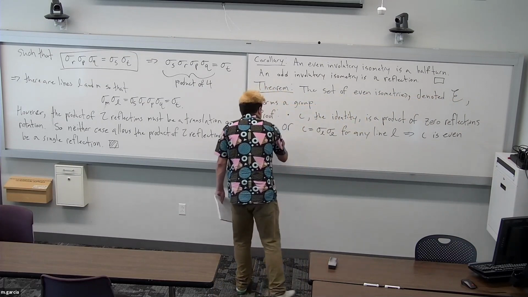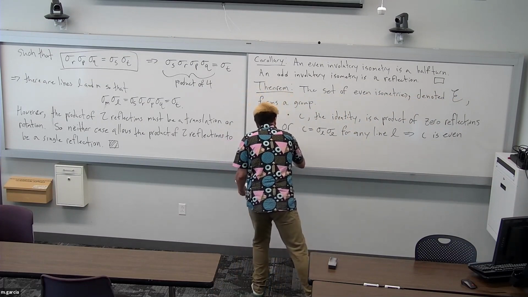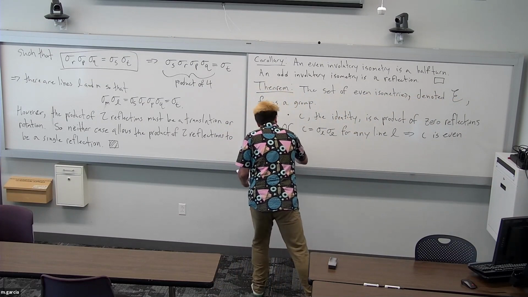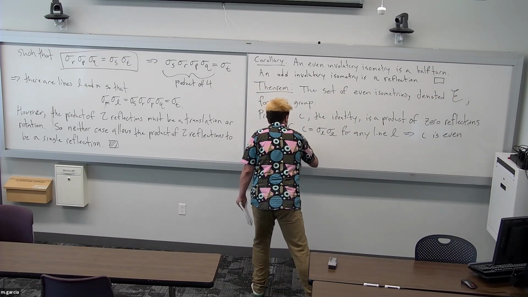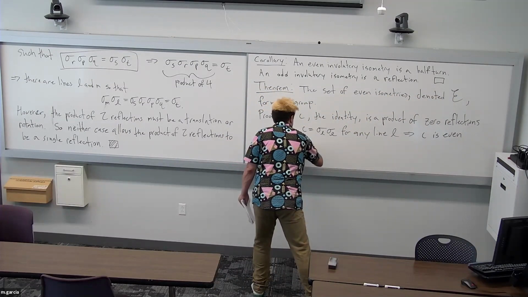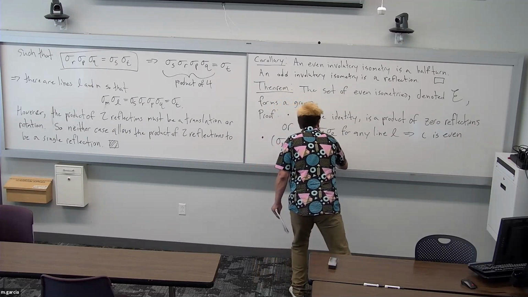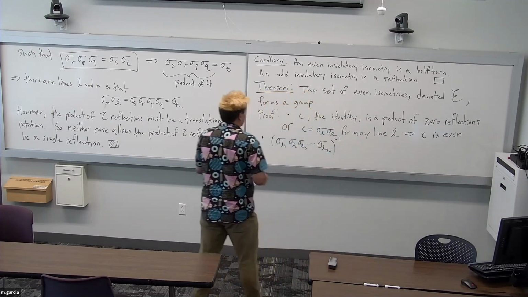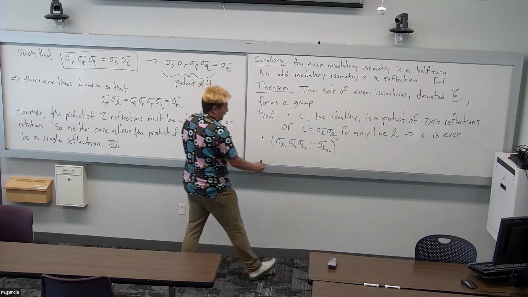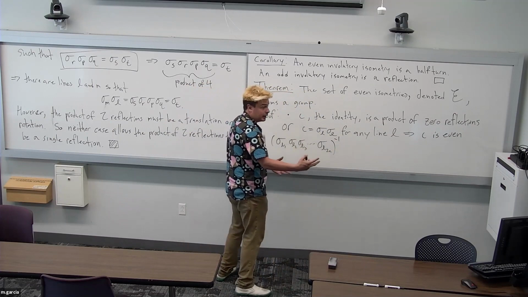Now, what if we take a product of reflections, let's say reflection in line L1 times reflection in line L2 times reflection in line L3, all the way up to reflection in line L2n. We take the inverse of this, okay? So I have lines L1 through L2n, some even number.